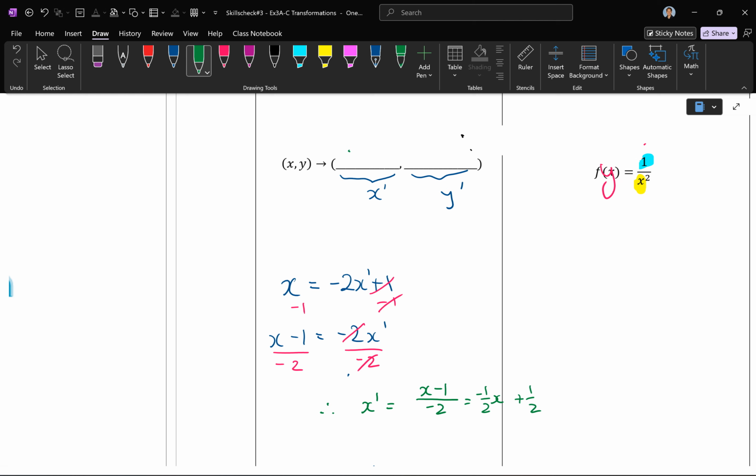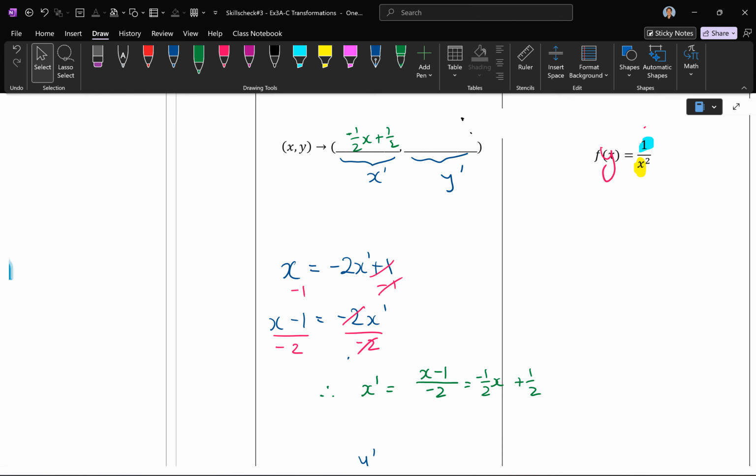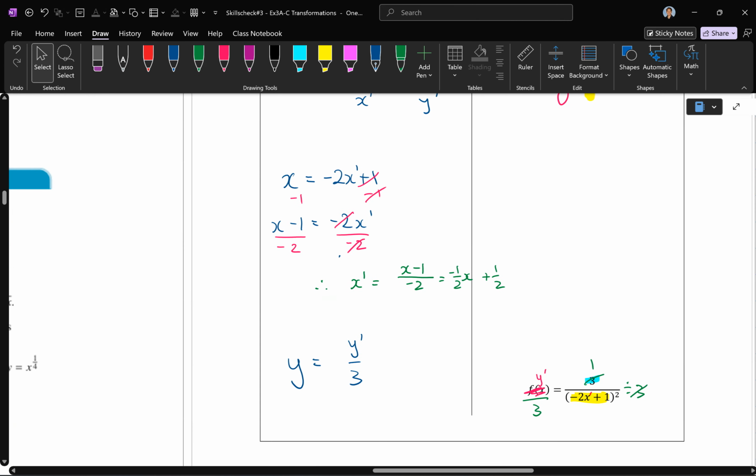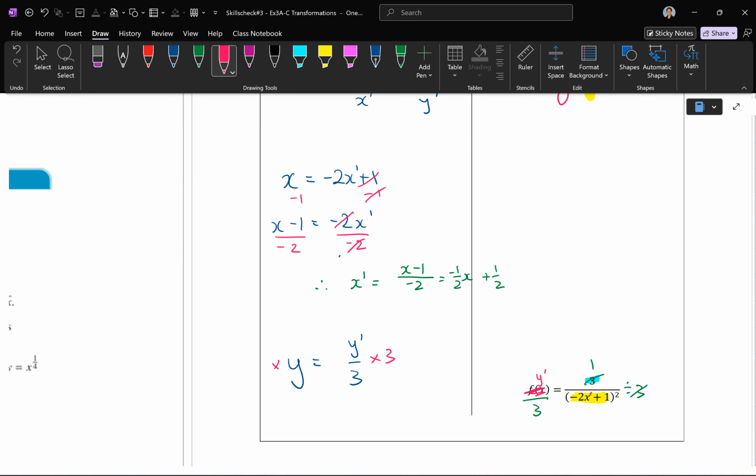Okay, so I just split it up. So that means your transformation is this, negative half x plus half. Whilst the y, let's look at the y transformation. You want y dash? Get rid of that, divide 3. Here we go. I'm going to times 3 to both sides. And you get y dash is equal to 3 times original y.